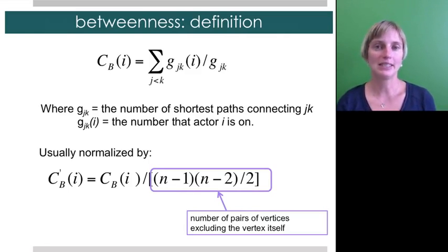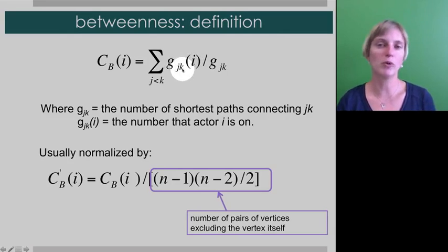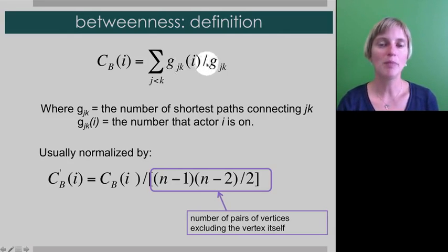In that case, so here you're I, and you are on one of the shortest paths between J and K, or one or more of the shortest paths between J and K, but the credit you get is the number of shortest paths that you're on divided by the number of shortest paths that J and K have.